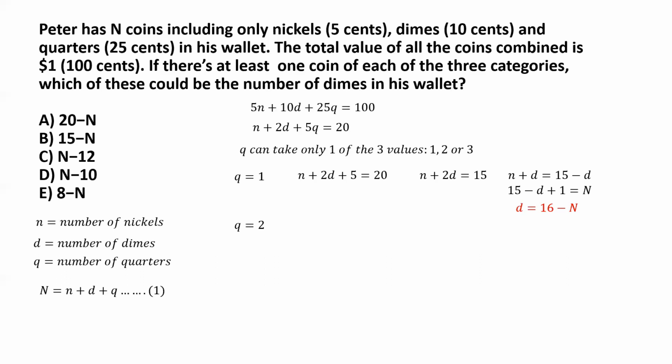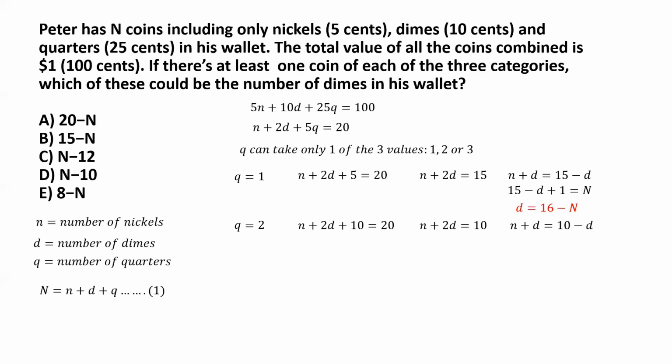What about q is equal to 2? That's certainly another possibility. And for this, we go by the same approach. We start with the equation n plus 2d plus 5q equal to 20. If q equals 2, 5q becomes 10. Then we have n plus 2d plus 10 is equal to 20. And from this we obtain n plus 2d is equal to 10.